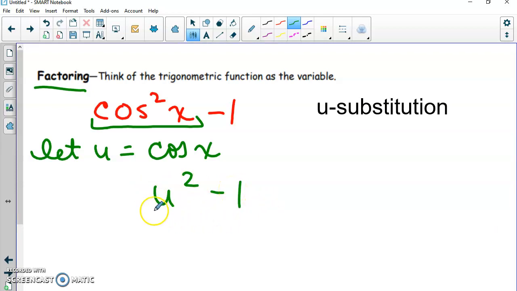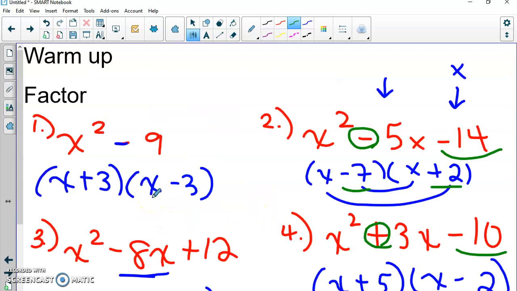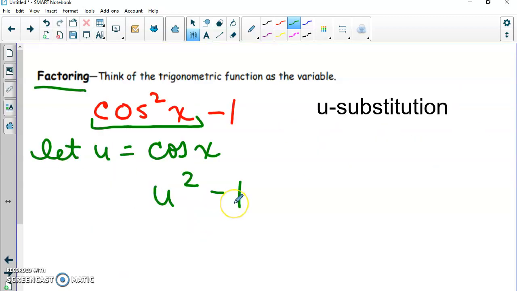Now looking here, this looks like problem number 1 in the do now. X squared minus 9 was a difference of squares. U squared minus 1 is a difference of squares. So that is u plus 1, u minus 1. Do not stop there and just circle and say, woo, I'm finished, I factored it. The person's going to say, where the heck did u come from?